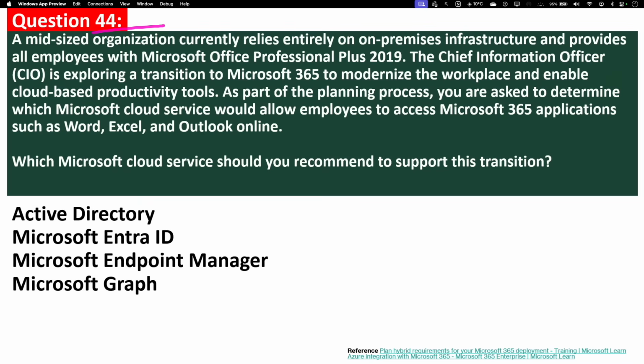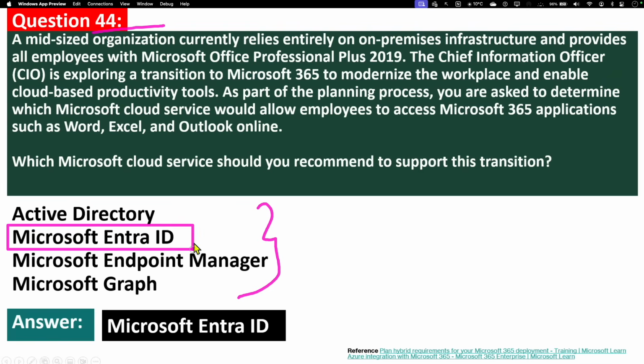As part of the planning process, you are asked to determine which Microsoft cloud service would allow employees to access Microsoft 365 applications such as Word, Excel, and Outlook online. Which Microsoft cloud service should you recommend to support this transition? Let's look at the available four options, see if you can guess the right answer.